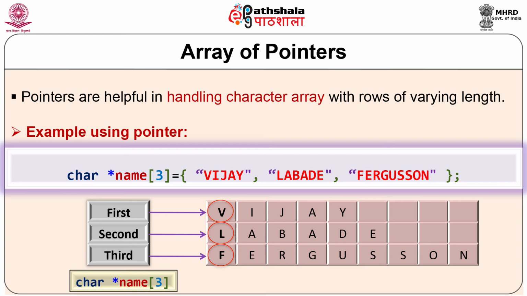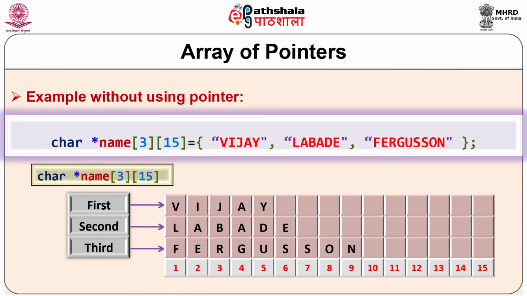Let us go to how we define the same example without pointer. In this example we are using the syntax char name[3][15] = { Vijay, Labde, Ferguson.